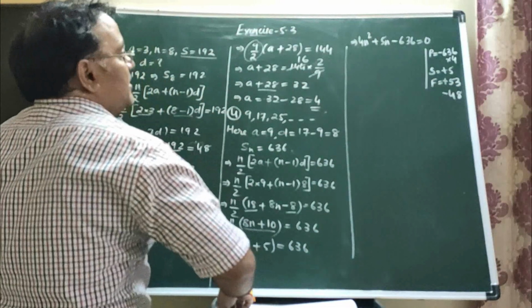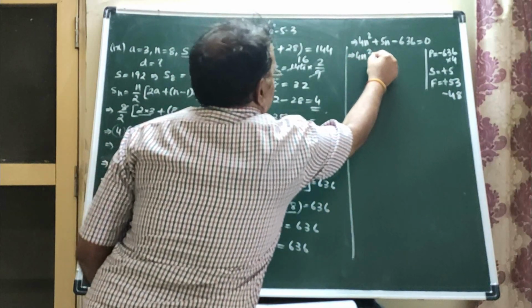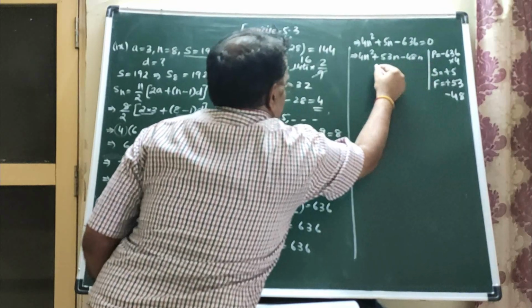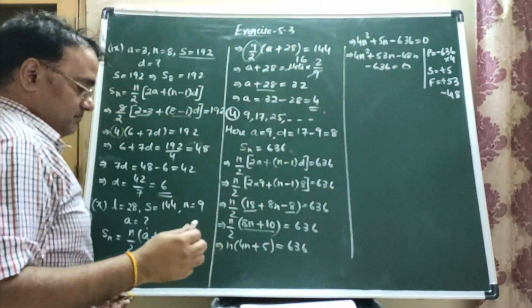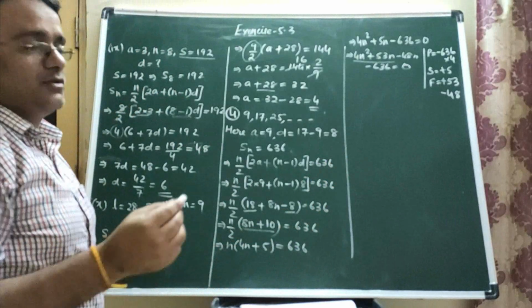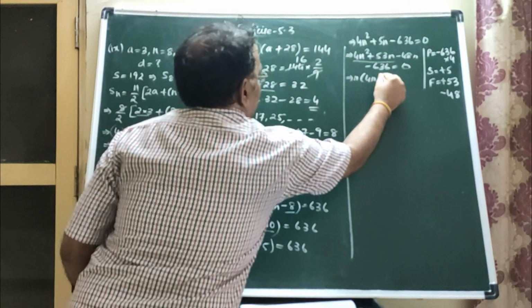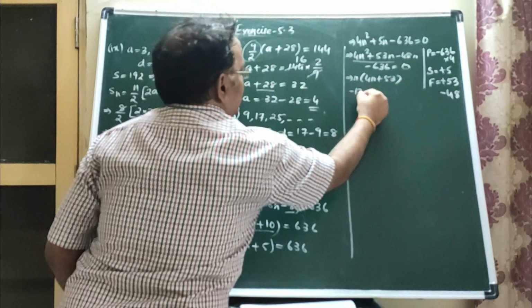Okay, now this will imply 4n square plus 53n minus 48n minus 636 is equals to 0. And what is common between these two? n only. So we take n common, 4n plus 53, and in these two the common is minus 12.